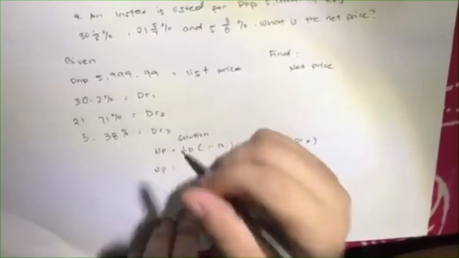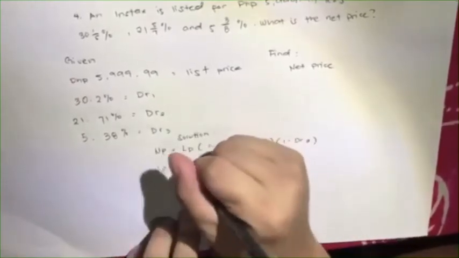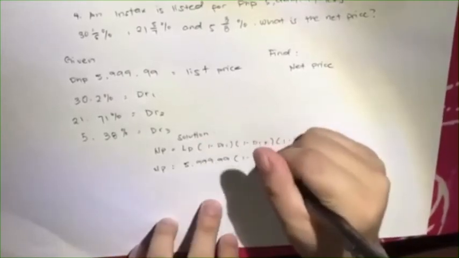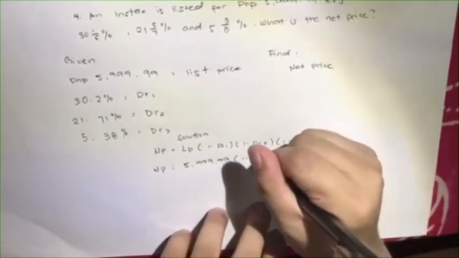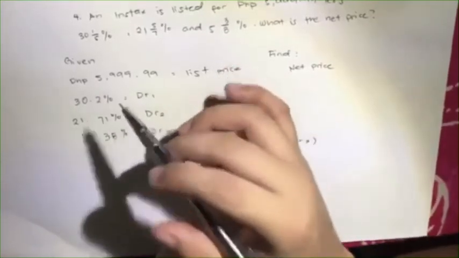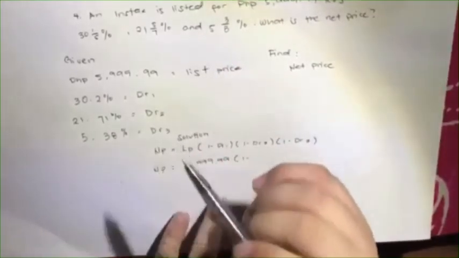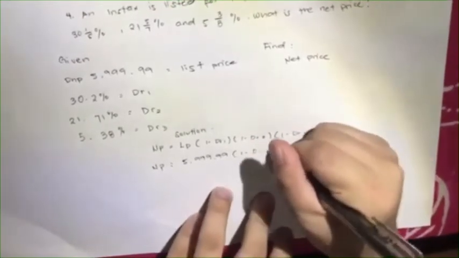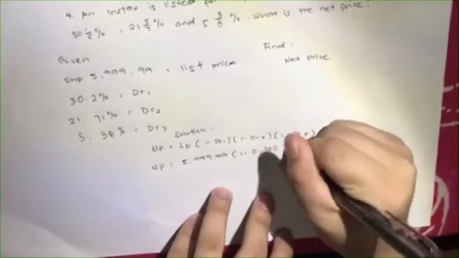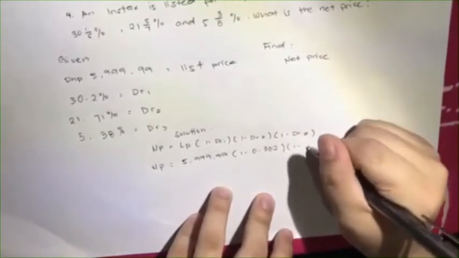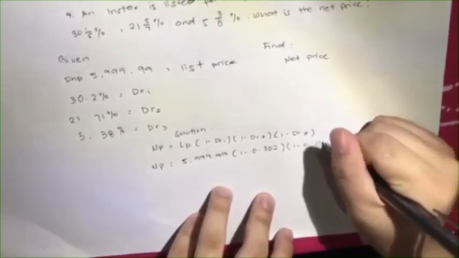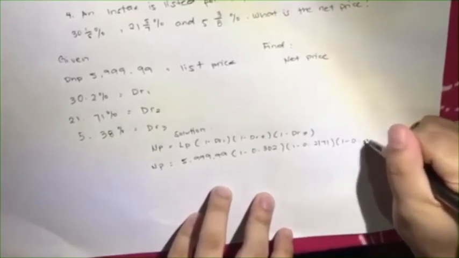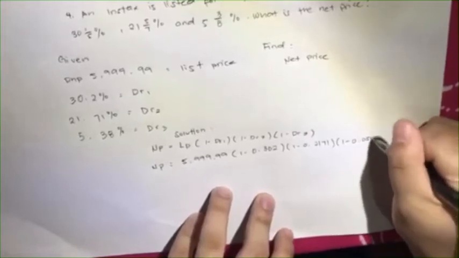Net price equals to list price natin, 5,999.99, 1 minus, para maging decimal siya, move lang natin backwards ng 2 times. So meron tayong 0.302, 1 minus 0.2171, and 1 minus 0.0538.